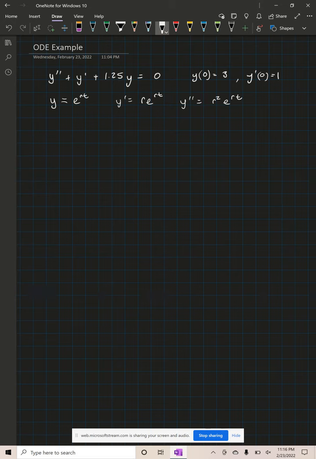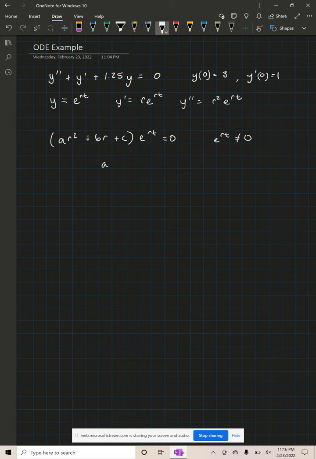Next, we want to get our equation in the form of what's known as the characteristic equation. That's going to look something like this, where we have a r squared plus b r plus c, all of that times e to the rt, is equal to 0. One important thing to note is that e to the rt cannot be equal to 0.